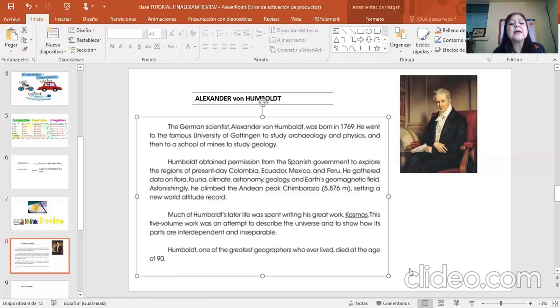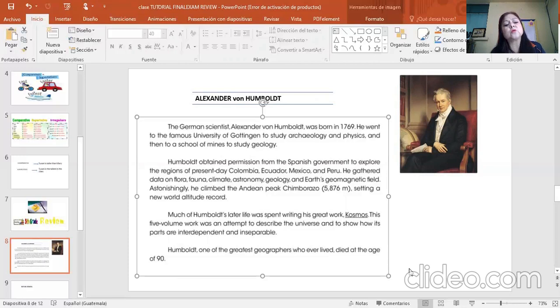This five-volume work was an attempt to describe the universe and to show how its parts are interdependent and inseparable. Humboldt, one of the greatest geographers who ever lived, died at the age of 90. This is very important to know as well.